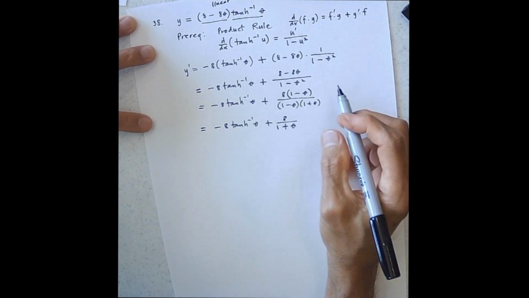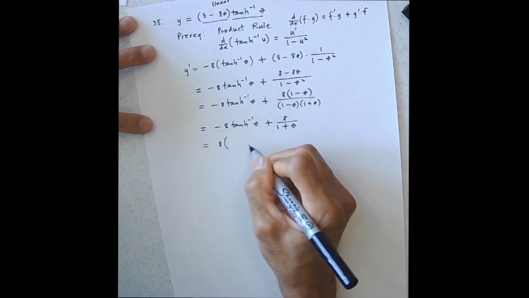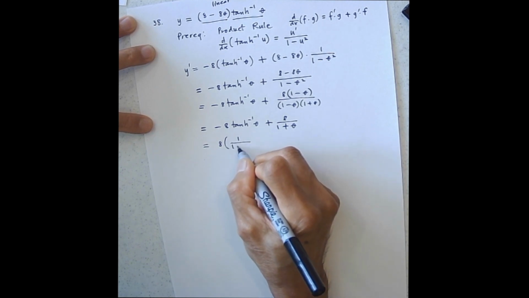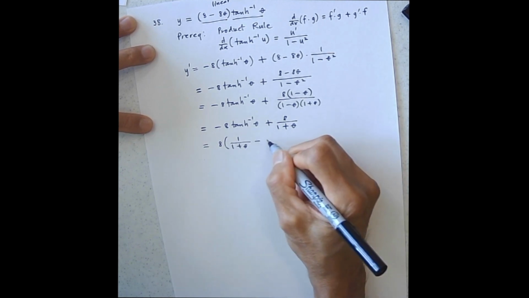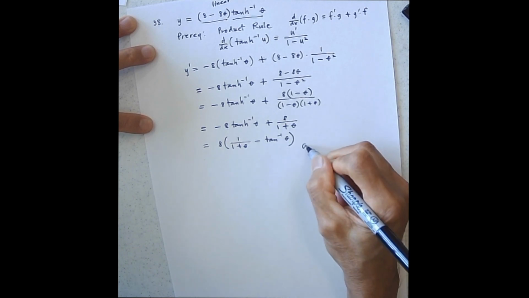You can write that in another form by factoring out the 8 and say 8 times 1 over 1 plus theta minus hyperbolic tan of theta. Answer.